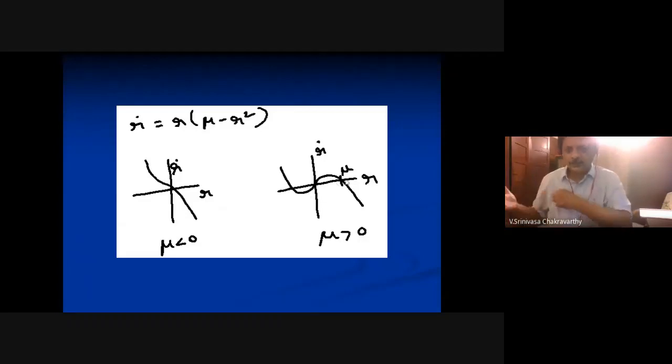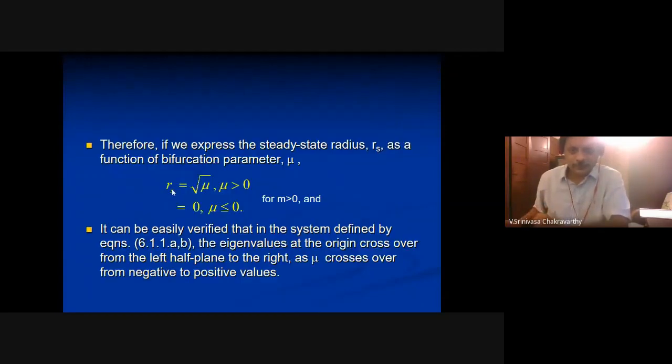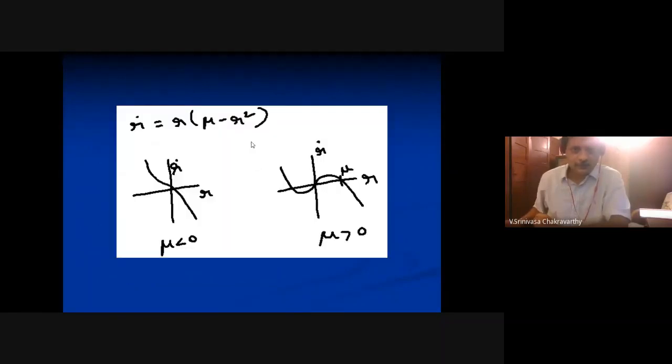Since r is positive by definition, because it's a polar form, there's only one root. It turns out that the origin is unstable, and this one is stable. So you'll have a limit cycle of size root mu. As you increase mu, r will vary as the root of mu, because it's mu minus r square.